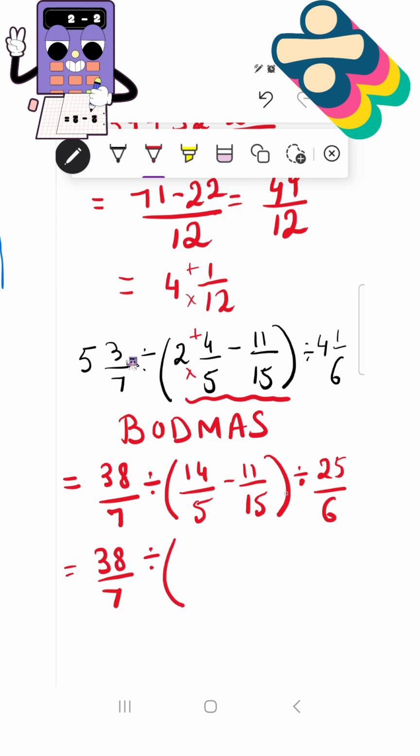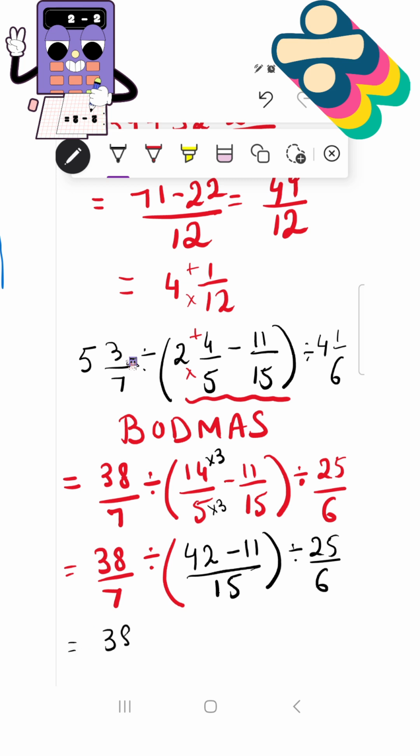Now you can't subtract because the denominator is not the same. For that you have to make the denominator the same. So 5 and 15 LCM is 15. It's very easy. Make it 15 by multiplying with 3, and don't forget to multiply the numerator as well. Now 14 3s are 42 minus 11, and make it a single fraction, divided by 25 by 6.